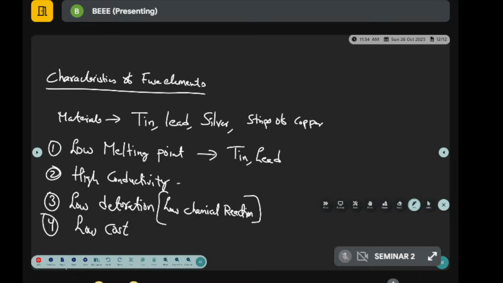High conductivity means silver and strips of copper. Low deterioration means tin and lead, and low cost means strips of copper.